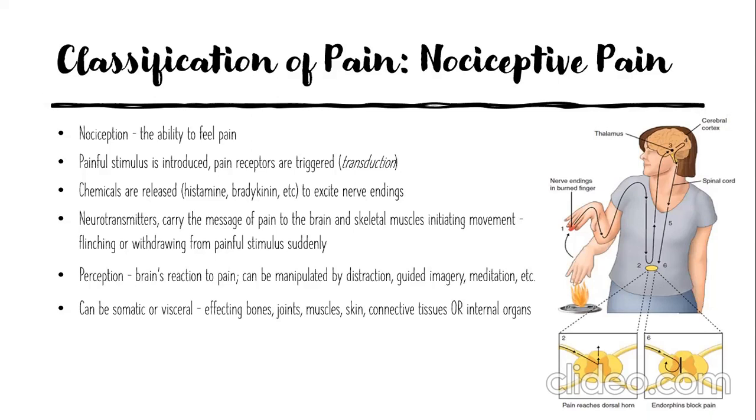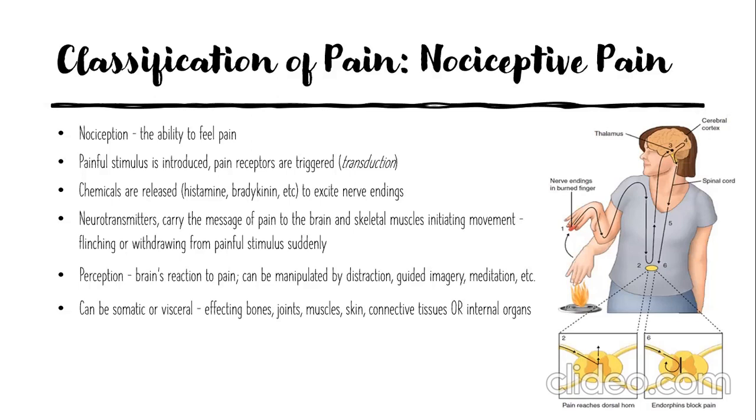So say in this picture, the lady touched fire with her middle finger, and now she burnt the finger. Initially that painful stimulus of the heat was introduced to her finger, which then triggers a chemical response in the body.